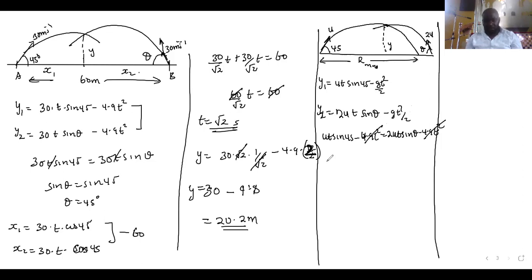When you lose those two items, I can also lose this t. I can also lose this u with this one. Finally, sine of theta is going to be equal to a half sine of 45. So sine of theta is actually going to be equal to sine 45 is 1 over root 2. So this is 1 over 2 root 2.